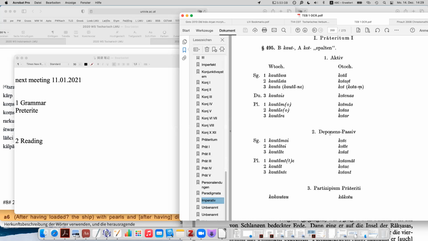And then you have, well, deponents here means middle. So you have the singular kote, kotat. Okay, this is middle. Yeah. E, te, te. Okay. And then you have for the plural kotamat, kotamut, kotach, kotant.